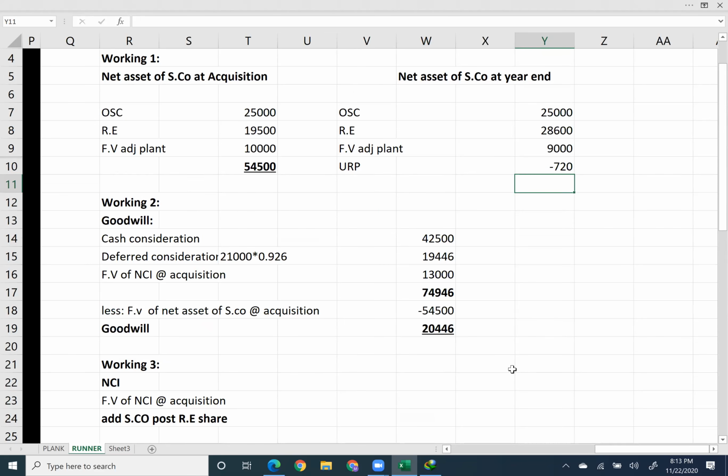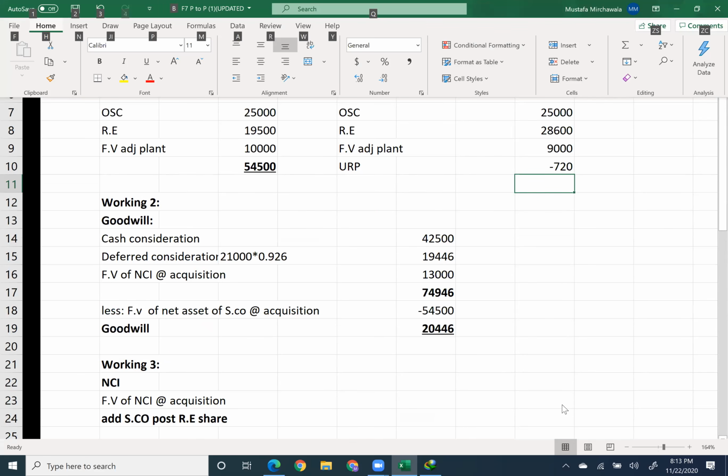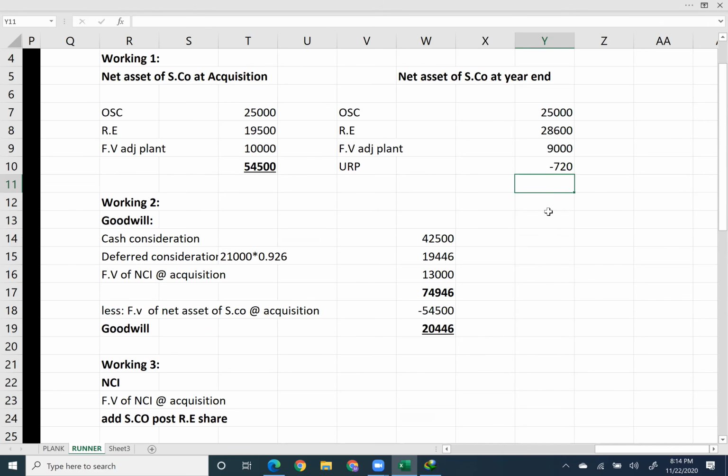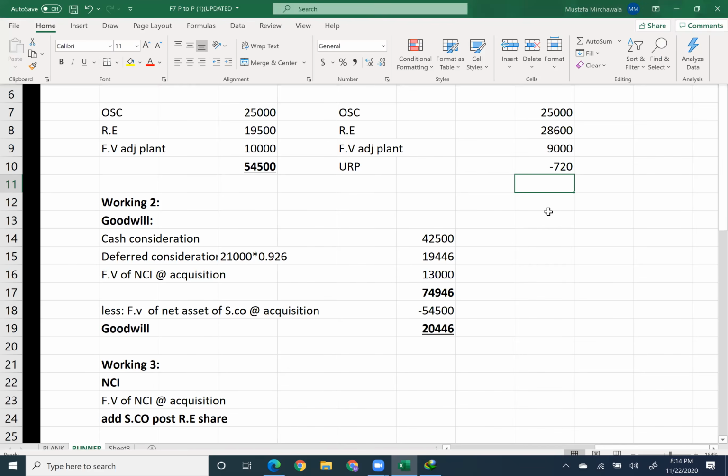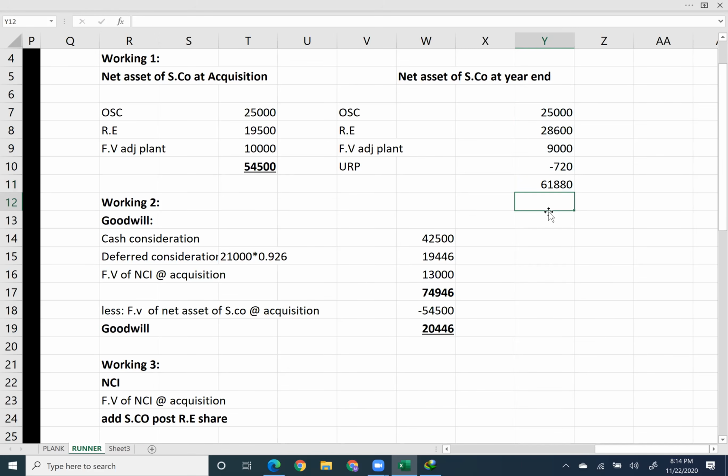Now your closing net asset packet is also done. So you have your acquisition date net asset packet as well as reporting date net asset packet.